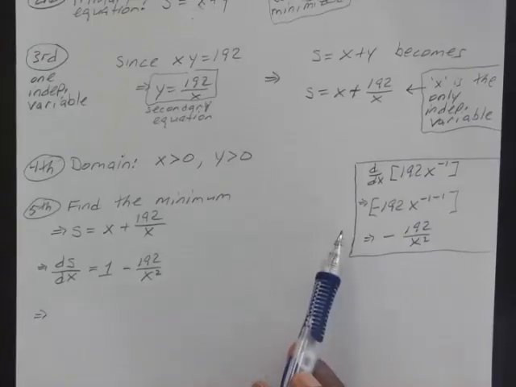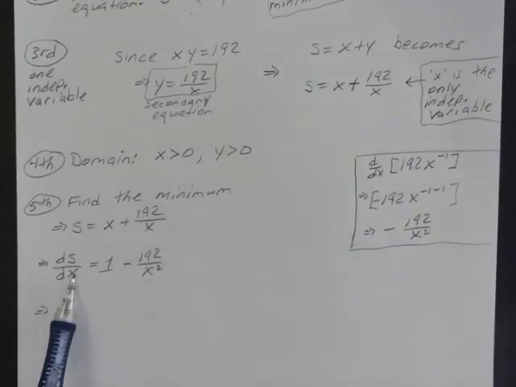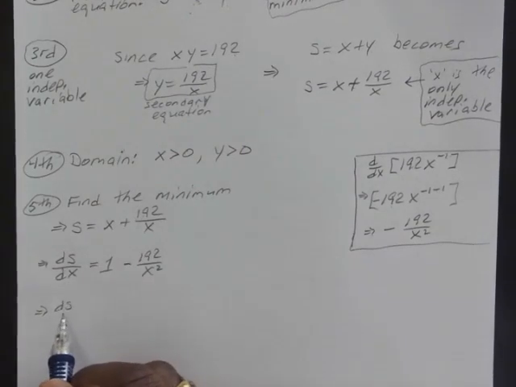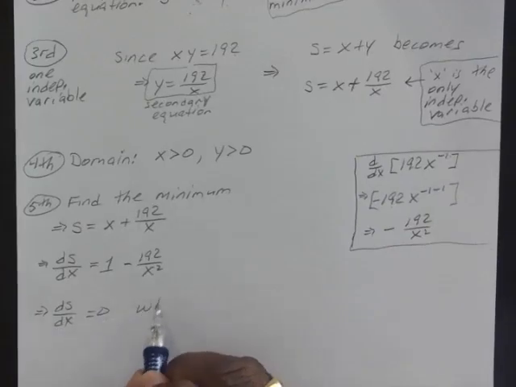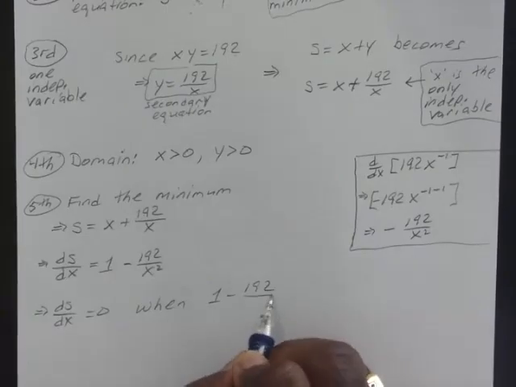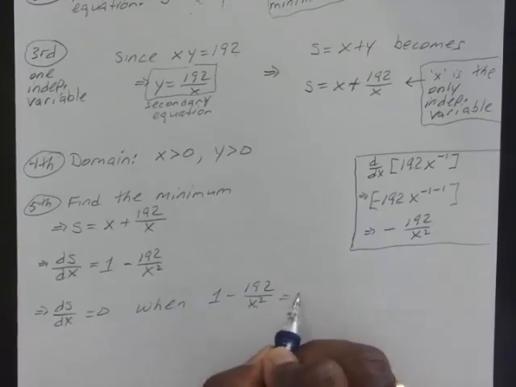So we know to find our minimum or maximum, we have to find where the derivative is equal to 0. The derivative of s with respect to x equals 0 when 1 minus 192 over x squared is equal to 0.